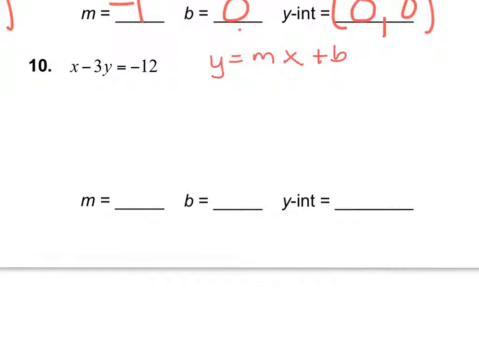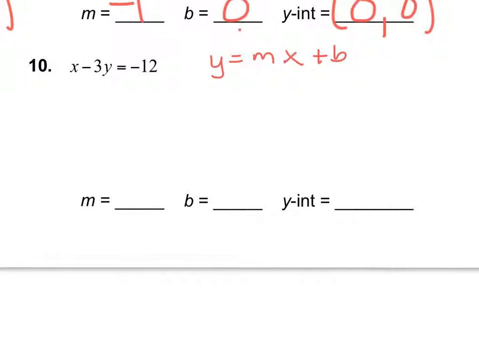Do you remember when we have to solve equations? Is this an equation? Yes. So whatever I do to the left side of the equal sign, I must do to the right. You must always remember that rule. Look up here, I have an x. I want the y to be alone, so I need to get rid of the x. I need the x to come over to the other side.